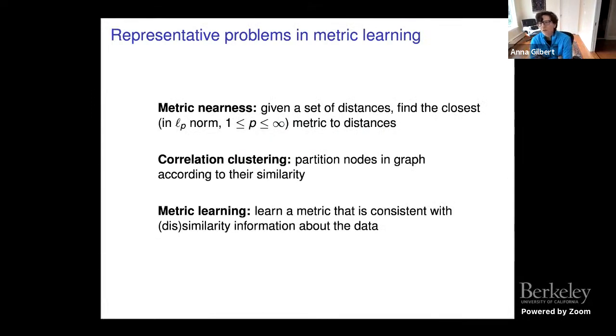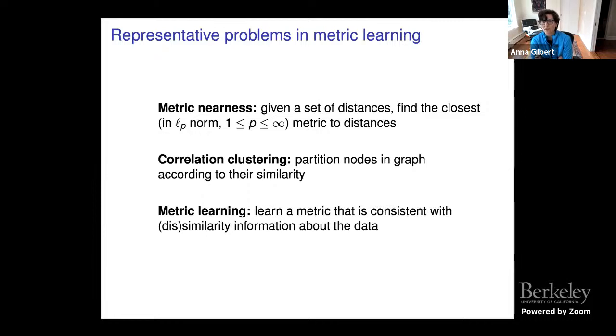All right. So I'm going to talk about a couple of families of problems that all fit under this rubric. I called this metric learning, knowing full well that it's an overloaded term that refers to some specific problem. But I would like to make this a much more general problem and look at three different kinds of metric learning problems.